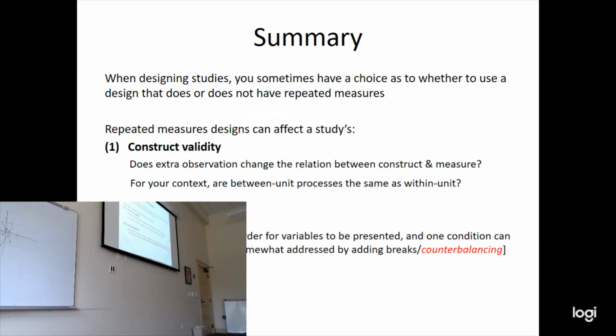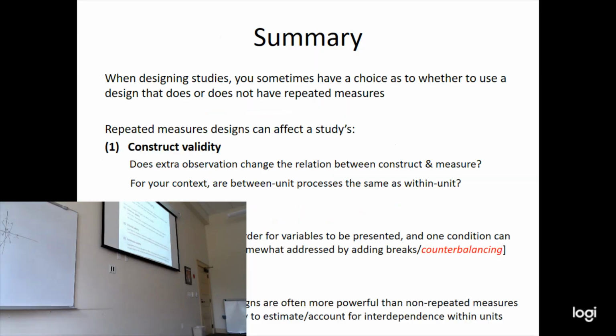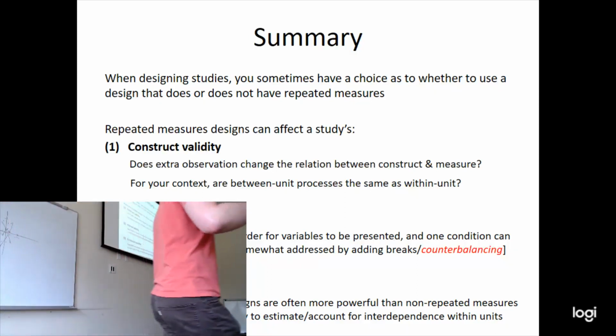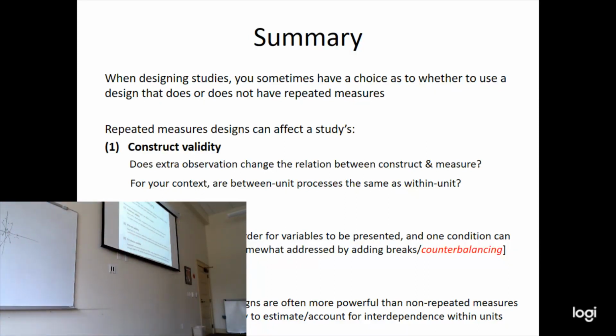Just to give a quick summary, you don't always have this choice about whether to do something with repeated measures or not, but often you do. And if you do have the choice, the things to ask yourself are, what are the trade-offs that I make for each kind of design in terms of my construct validity, my internal validity, and my conclusion validity.